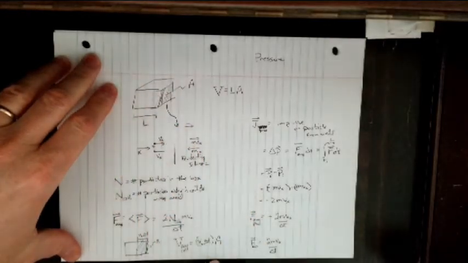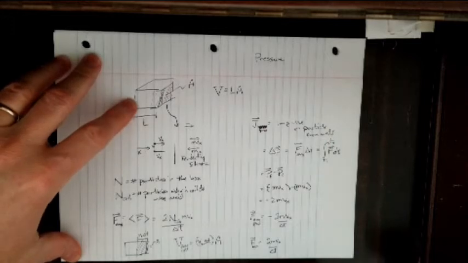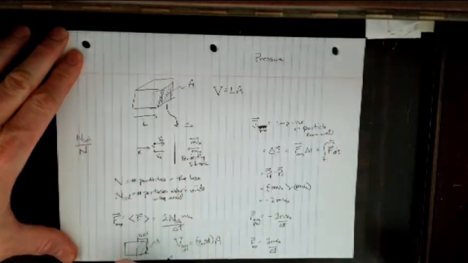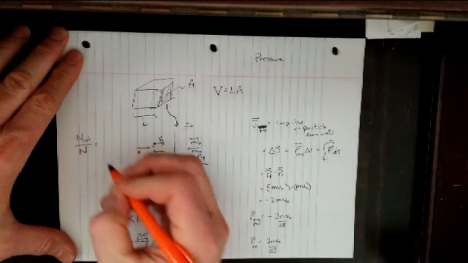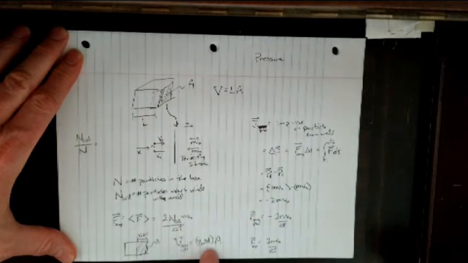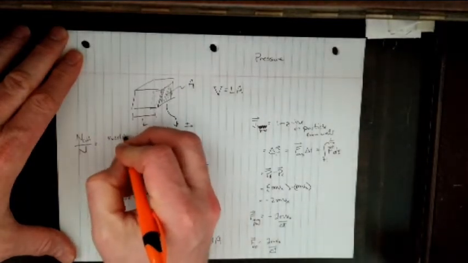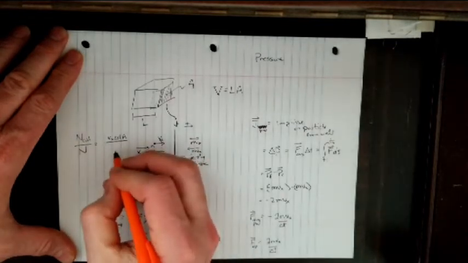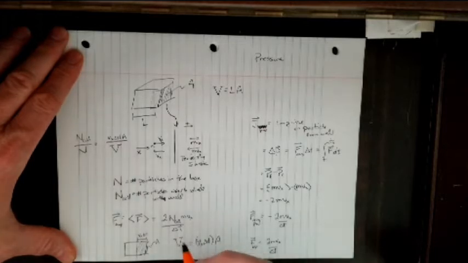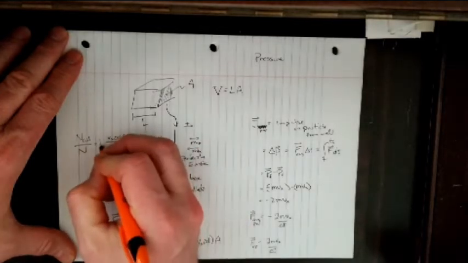If the particles are evenly distributed throughout the box, then we can set up a ratio that the number of particles in the collision as a fraction of the total number of particles should be proportional to basically the volume of this area, which we established was v_x delta t A, over the total volume, which I'll just use as V. And recognize that even though you have a particle in this part of the box, not all of them are actually heading towards that wall, and so statistically only half of them would have any component in that direction, and so we throw an extra half in there.